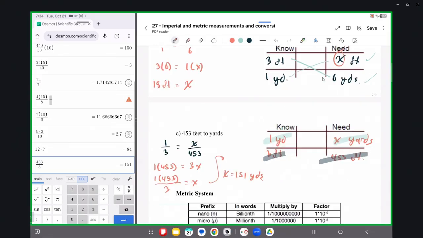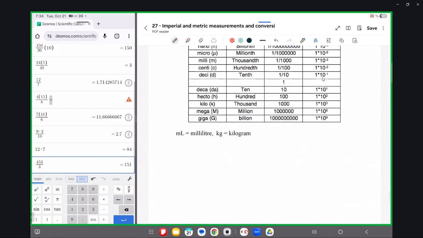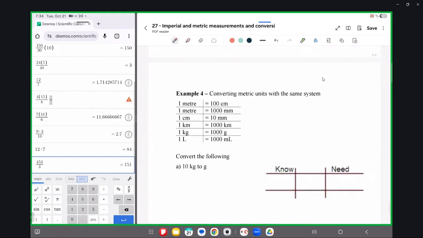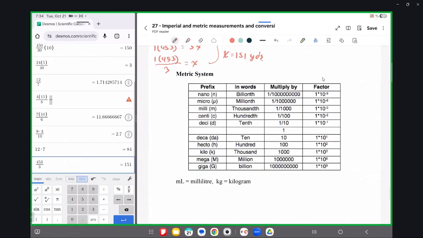Okay. So the metric system is a lot more straightforward. As long as you have the conversion measurements, you're kind of good to go. So here's what they look like. We use a prefix system. Some of these might be familiar. It's kilo, as in kilometer.